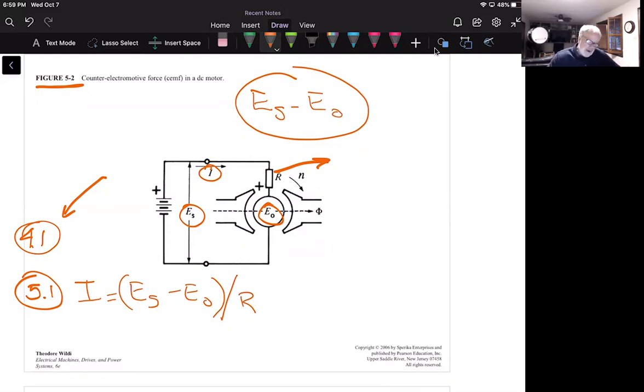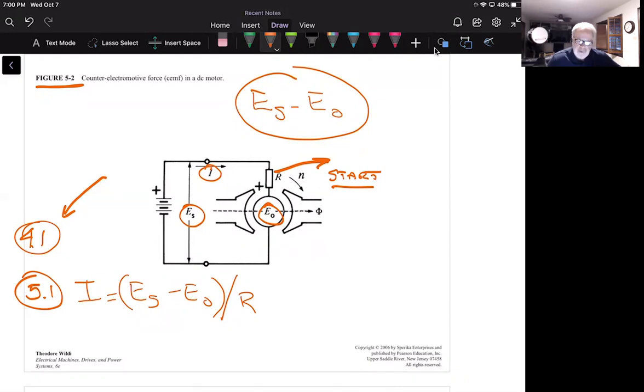So he says, let's walk through this through different conditions and see what we can come up with. All right, so the first thing we're going to get is the starting current. Okay, so the starting current for this DC motor, and this is a particularly good thing to know because we're going to look at later why these electric vehicles are able to accelerate so fast.